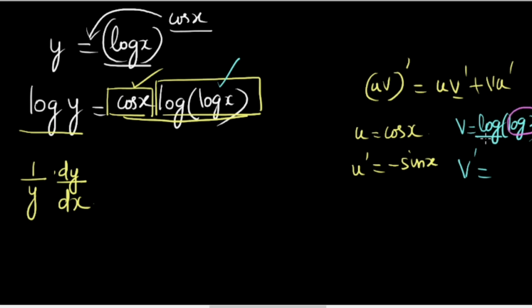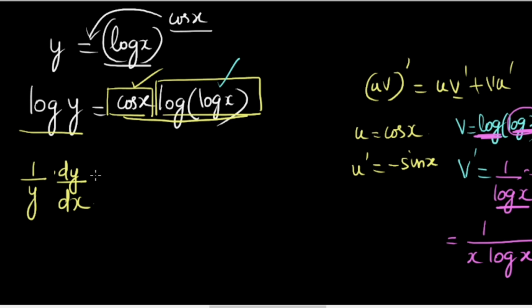The derivative of the outside function should be 1 over log x. The derivative of the log x function is 1 over x. Now we look into the inside function. We find the derivative of log x, which is 1 over x. So this becomes 1 over x times log x. So this is our v dash.